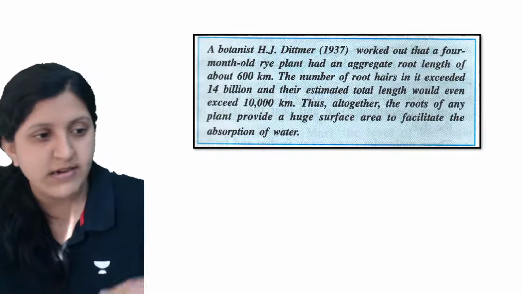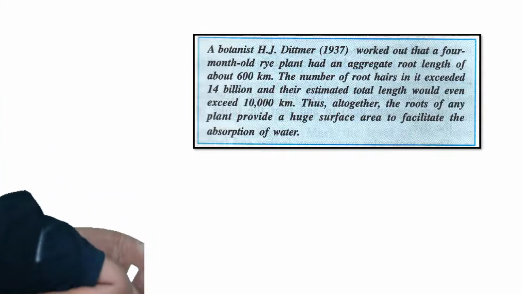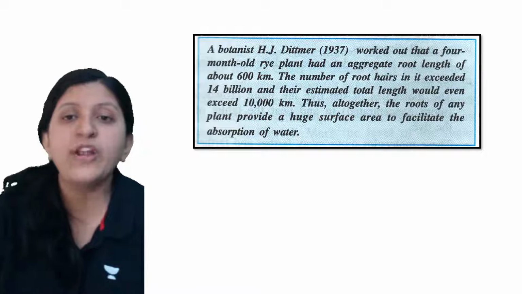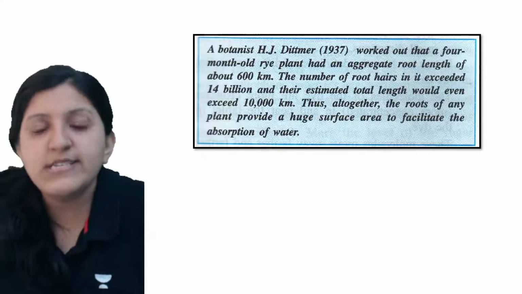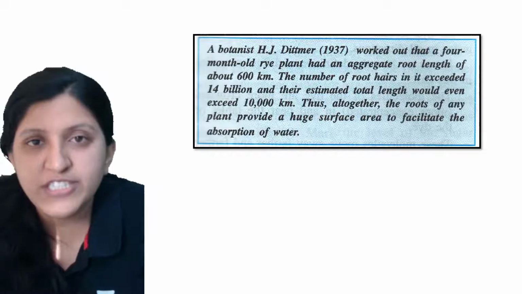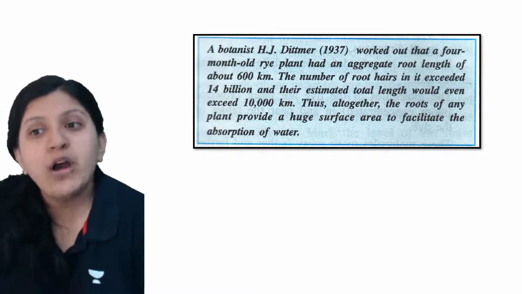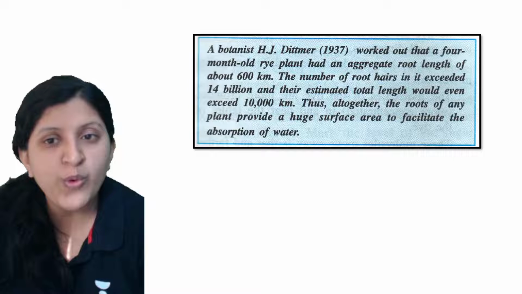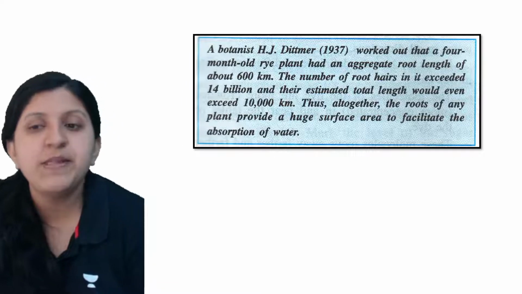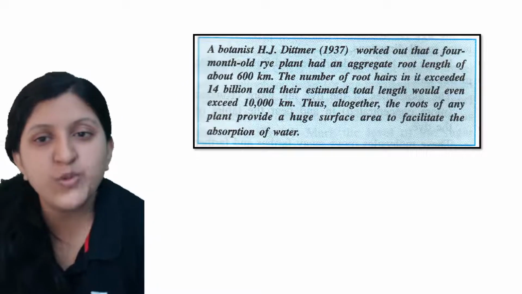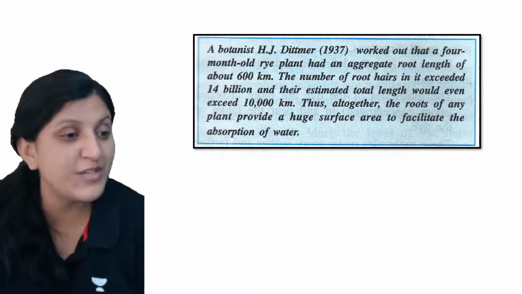Okay, so let's have a look at this. Now a botanist called Dittmer, in the year 1937, worked out that a 4-month-old rye plant he had taken had an aggregate root length of about 600 kilometers.